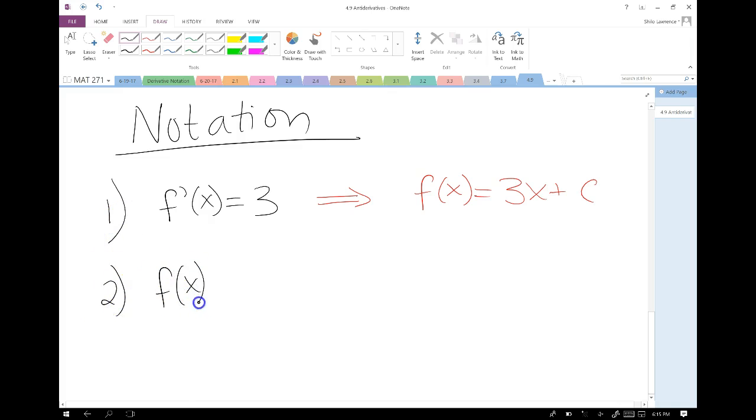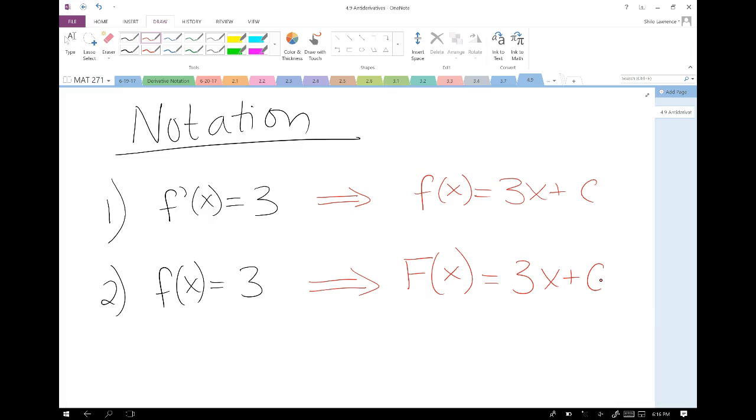If they say f of x equals 3, and they say find the antiderivative, so they didn't give it in derivative notation, we can't use f for our answer because they used f in the question. So what we do is we use capital F. Don't get too worried about the notation.